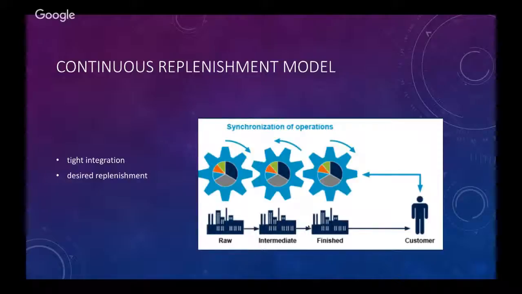Therefore, very tight integration is needed between the order process and the production process. Real-time information about demand changes is required in order for the production process to maintain the desired replenishment schedules and levels.